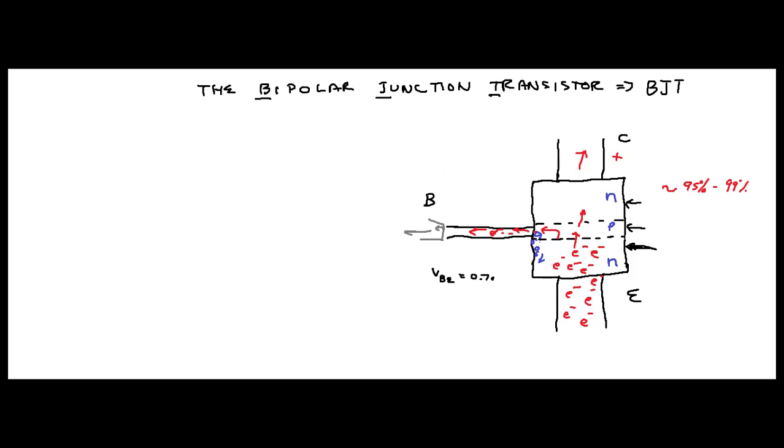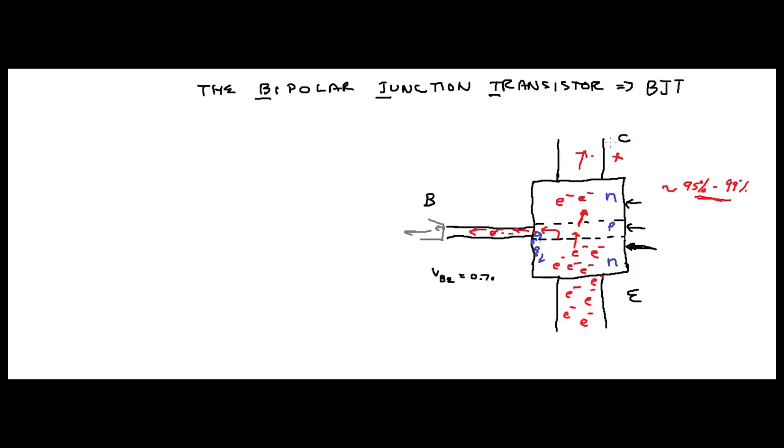Because if you look at what is happening to 95 to 99% of the electrons that cross this barrier potential, they continue right here, as I drew an arrow, into your N region here. They see this positive potential and continue moving right into this collector, which is a metal wire, right?